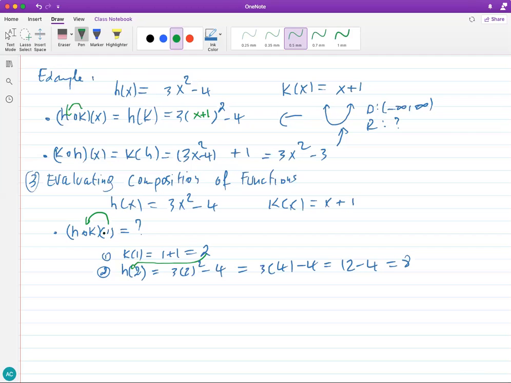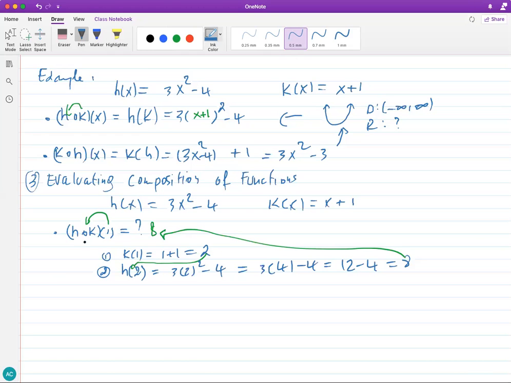So h of k of 1 is 8. So this 8 is what answers the question. So we do it in two steps. Evaluate that first. Whatever you get from here goes into that. Okay, that makes sense? Yes. Okay, very simple. You just plug any value.